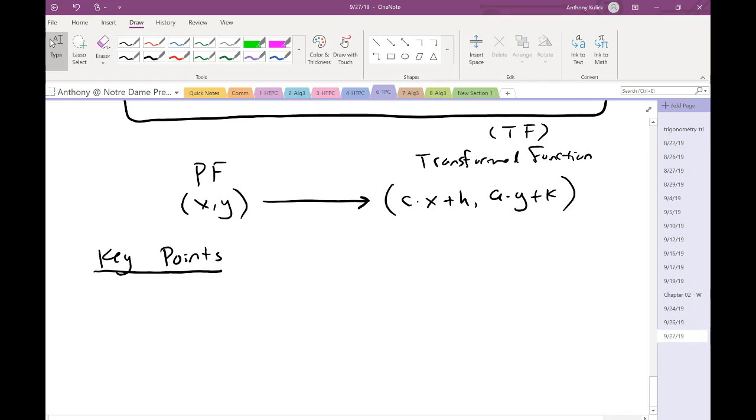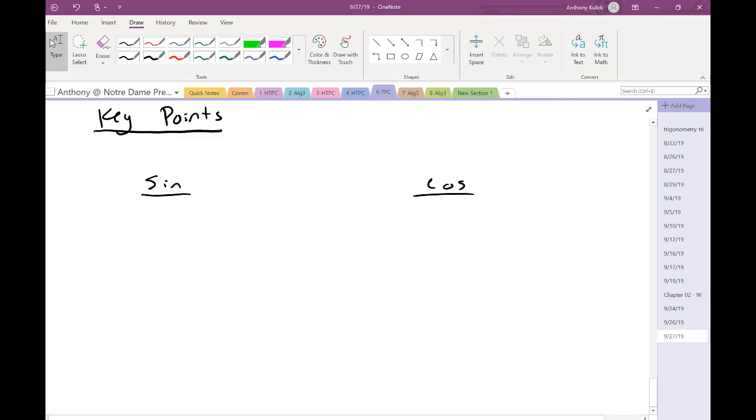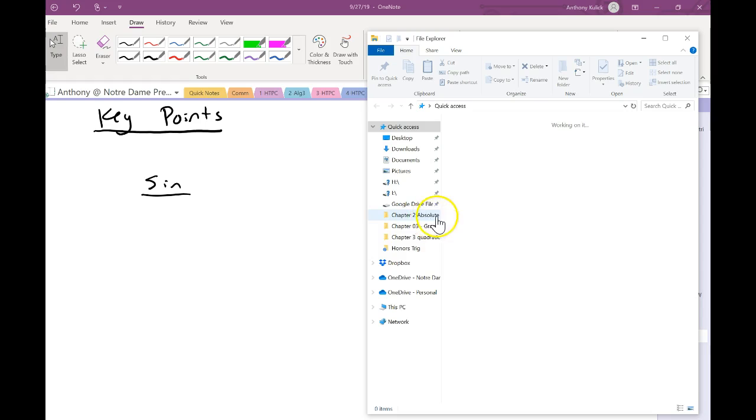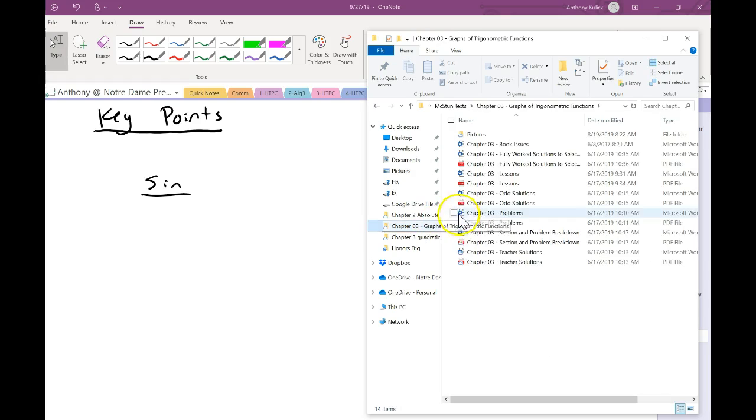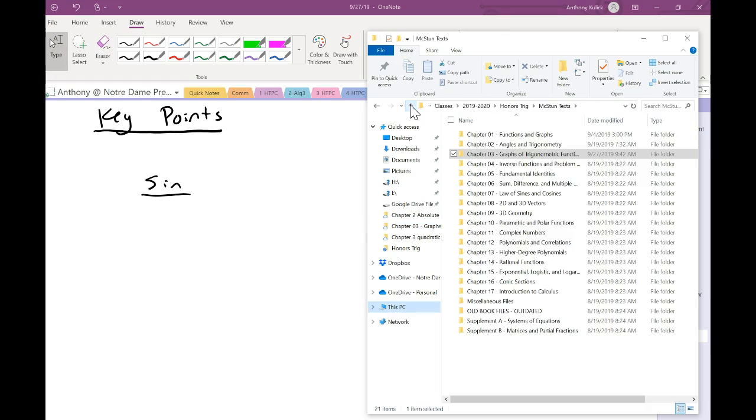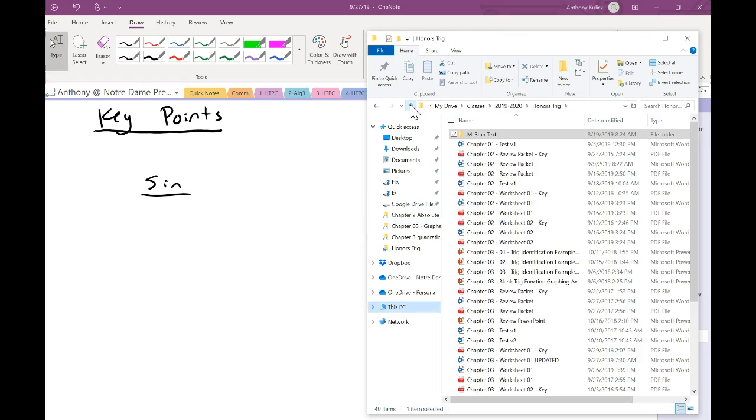So I'm going to have a different set of points for sine and a different set of points for cosine. And the points that I'm going to use are going to be values that come from the unit circle. So if I pull out my unit circle, this is not the field I wanted it to be in.